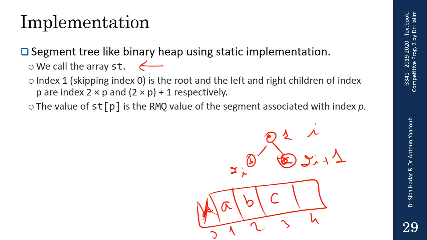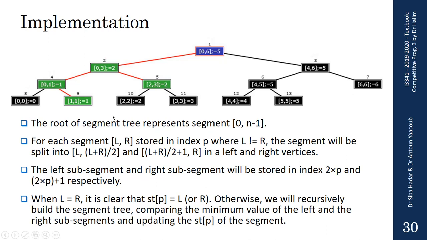We will use the values in st for the range queries function. Let's see how we do that. We have an array, and we will build a segment tree. The root is the segment tree of the whole array, so it's between 0 and n minus 1.